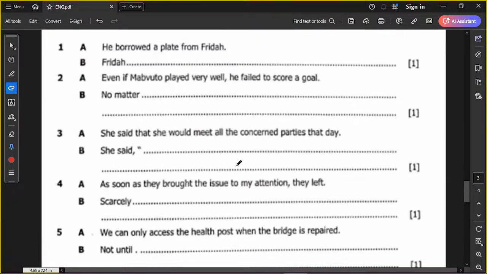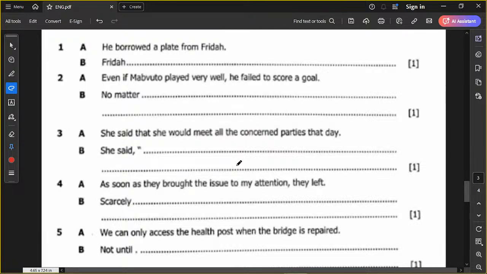We opted to find a different paper that will have different questions, but this is what we have gotten. However, we're going to work with what we have. We are not going to complain much because that's what we have. We continue searching for papers and revising with you, so make sure you are with us up to the end of the revision.